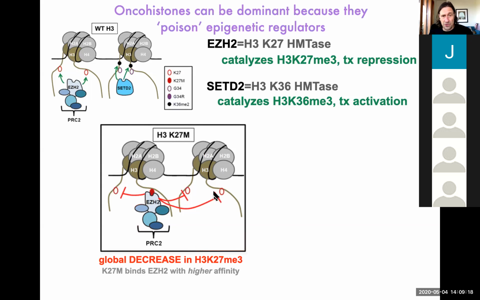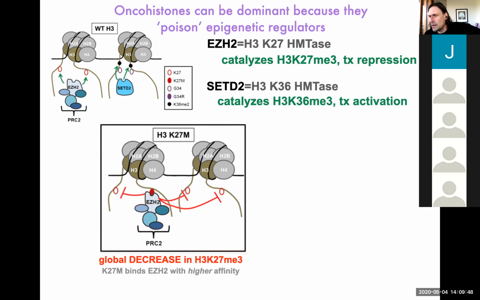You have normal histone H3 in the background, which has the potential at least to undergo the same kind of trimethylation. By having this methionine here instead of a lysine, for whatever reason, it's a structural issue, the catalytic site, when it binds that peptide that has K27 in it, binds it with much higher affinity than it normally would, okay?